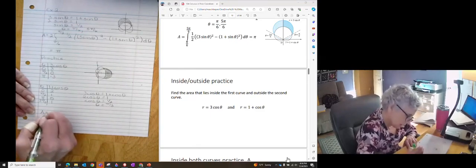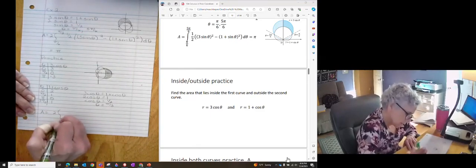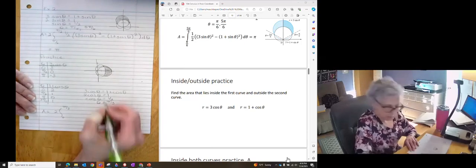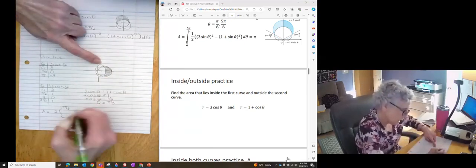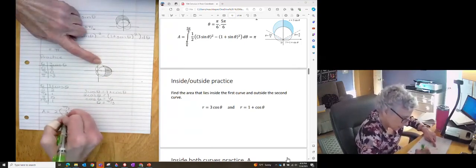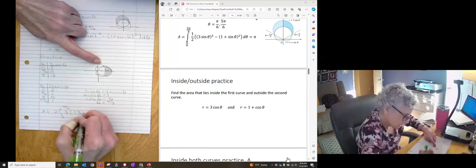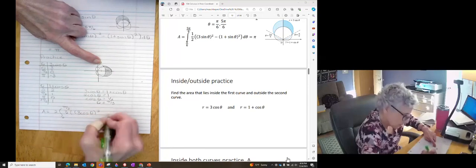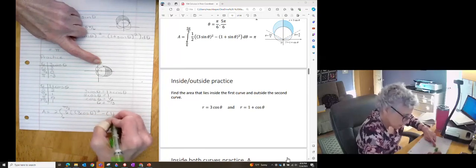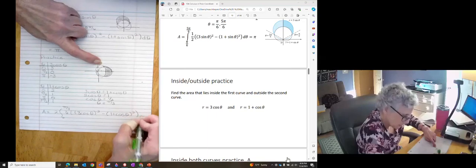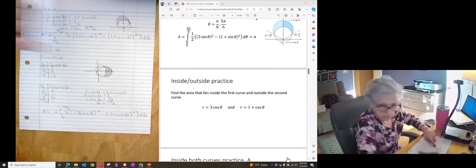So my area is equal to 2, integral from 0 to pi over 3, outside squared. Oh, don't forget the 1/2. That's part of the formula. 3 cosine theta squared minus 1 plus cosine theta squared d theta.